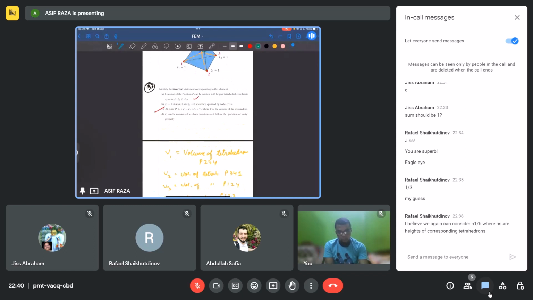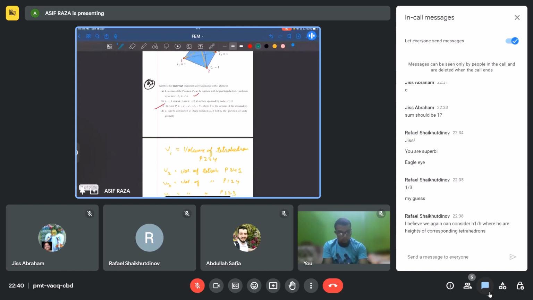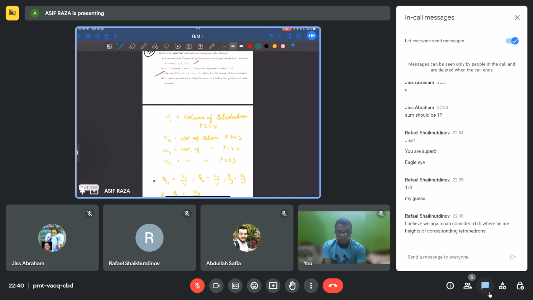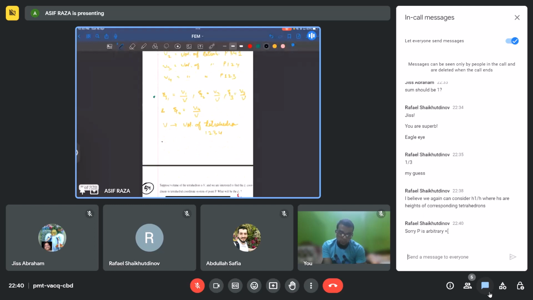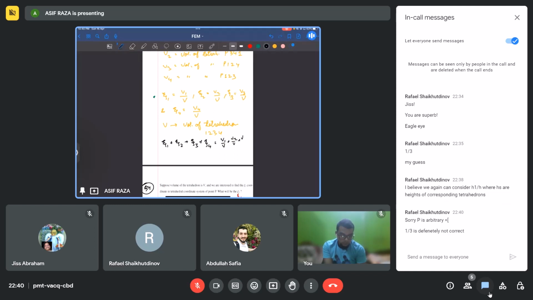The third statement is Xi1 plus Xi2 plus Xi3 plus Xi4, where a slight change needs to be done. Xi1 plus Xi2 plus Xi3 plus Xi4 is equal to V1 by V plus V2 by V plus V3 by V plus V4 by V, and this is V1 plus V2 plus V3 plus V4 by V, that is V upon V, which is equal to 1.